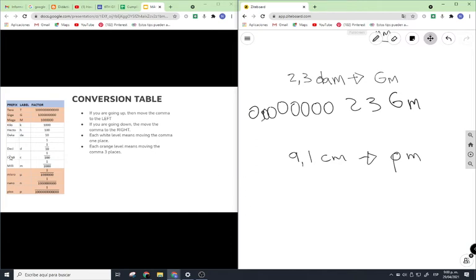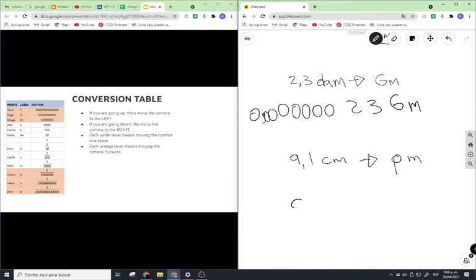How many places? Let's count. So we are in centimeters, no? So 1 place here, 3 more places because it's orange, so it's in total 4. 3 more places, so it's in total 7. And 3 more places, it's in total 10. So 10 places in order to get to picometers. 10 places to the right.